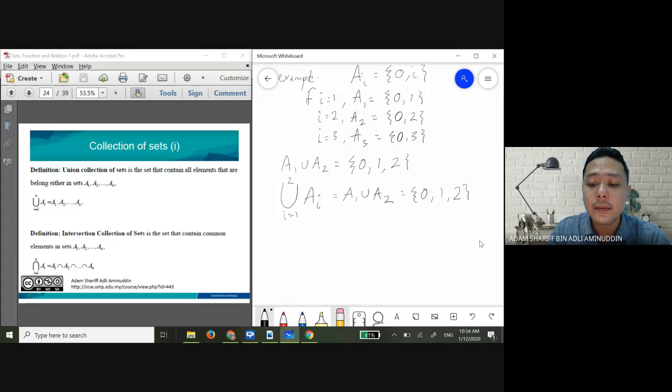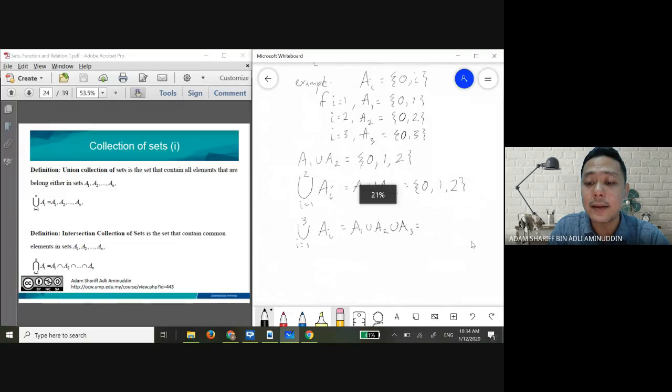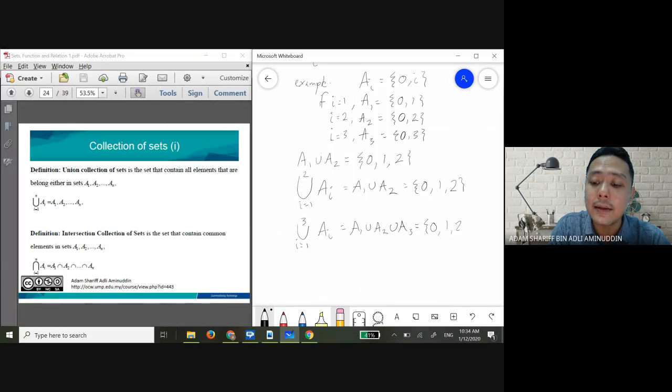Okay, we try to expand this. Ai union starting from 1 and ends at 3. So it means you try to collect A1 union A2 union A3, which is answerable to {0, 1, 2, 3}.